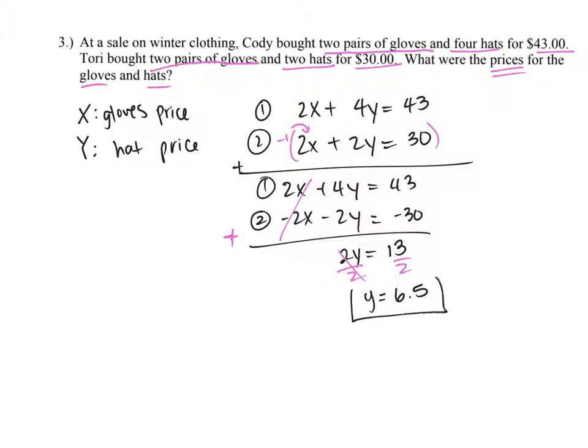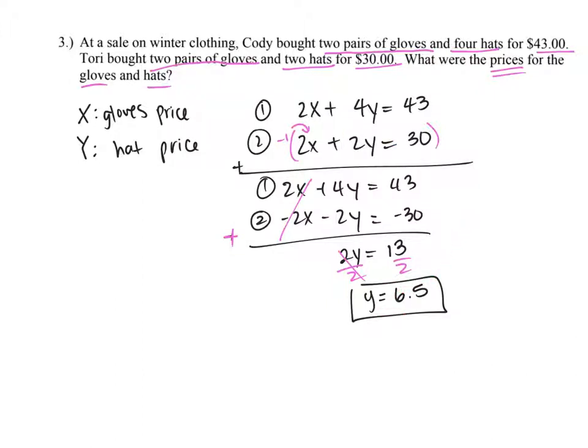But keep in mind, even though this y value is a decimal, this represents the price of hats, right? So in this case, the price of hats is going to be $6.50. It's going to be in decimal form, which is fine. Now I need to find my x value, which is the price for gloves. So I'm going to take this number and plug it back into one of the equations.